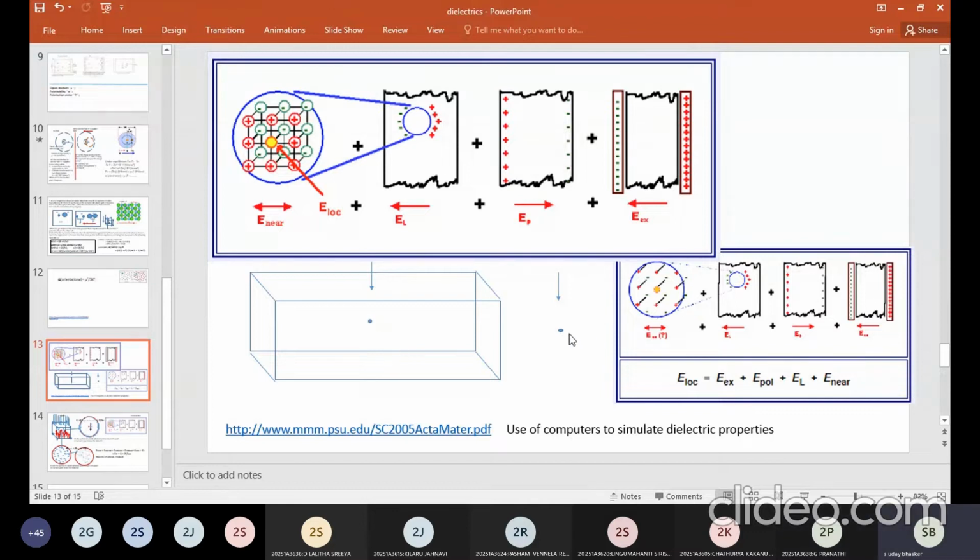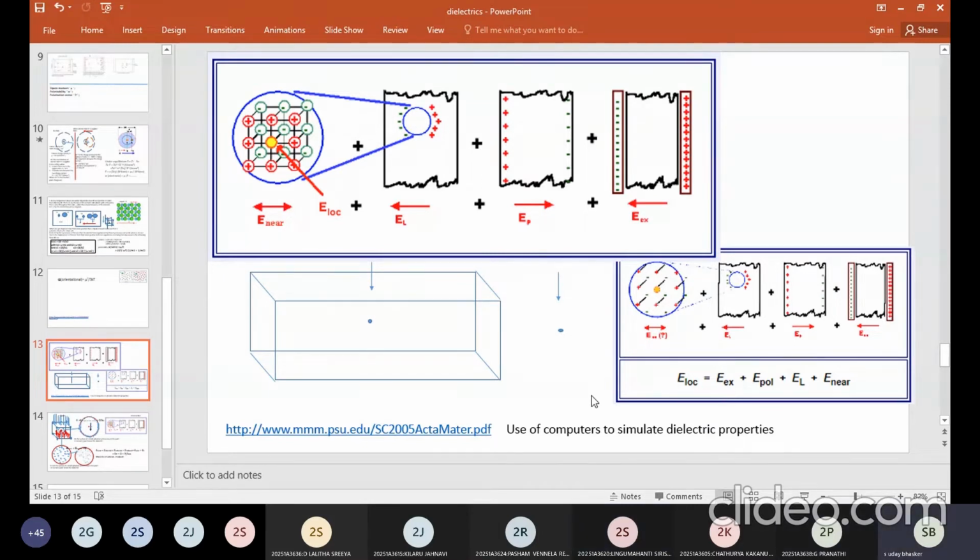If the point is outside the dielectric, only the applied electric field acts. The combination of all these four is what you call the local electric field. Am I clear? Okay, good.